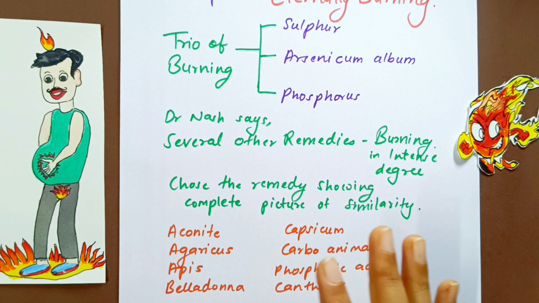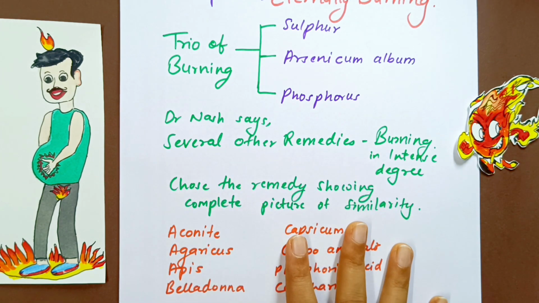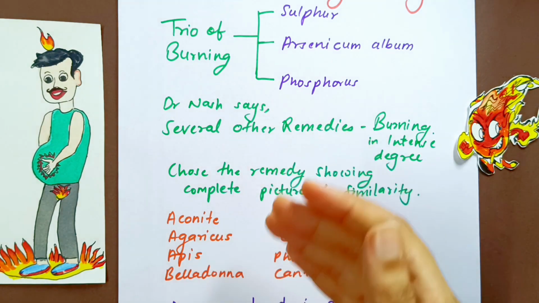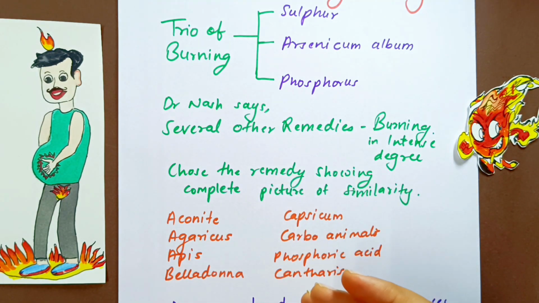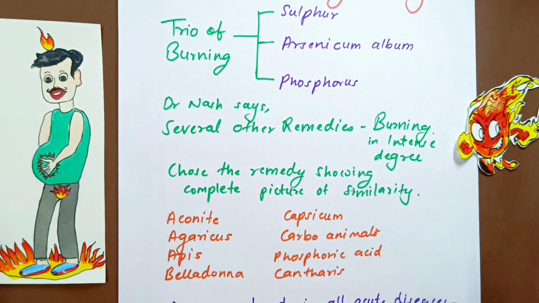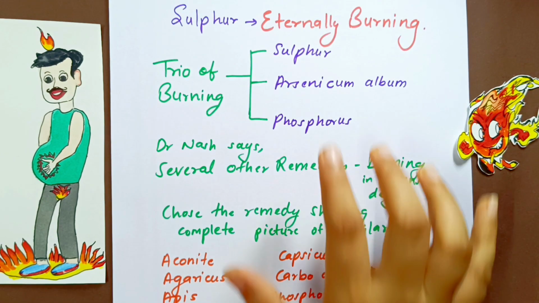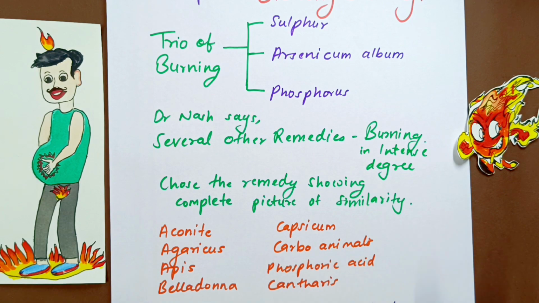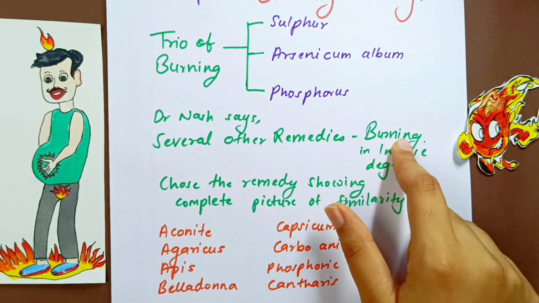No, homeopathy doesn't work like that. We have to find the totality of symptoms. We have to take all the symptoms into consideration and then see which remedy's picture matches the patient, and then prescribe that remedy and it will help. So most probably it has to be a remedy among these, because these all have burning symptoms to an intense degree.